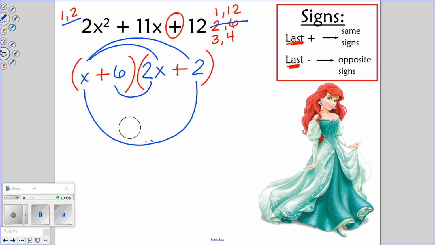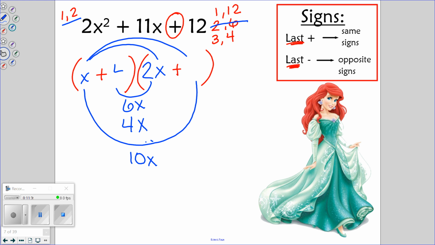So let's go back, and I heard 3 and 4. Okay, so 3 and 4. And we try this. So 3 times 2x, x times 4 is 4x, and that gives me 10x. What if I flip them?